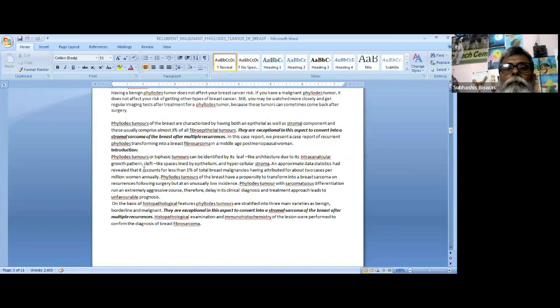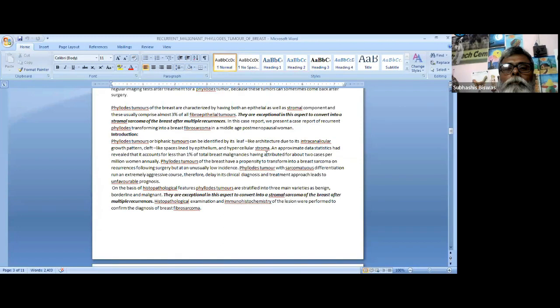Introduction: Phyllodes tumors or biphasic tumors can be identified by their leaf-like architecture due to their intracanalicular growth pattern, cleft-like spaces lined by epithelium, and hypercellular stroma. It is postulated that this hypercellular stroma is the reason behind the phylloid formation of the Phyllodes tumor.